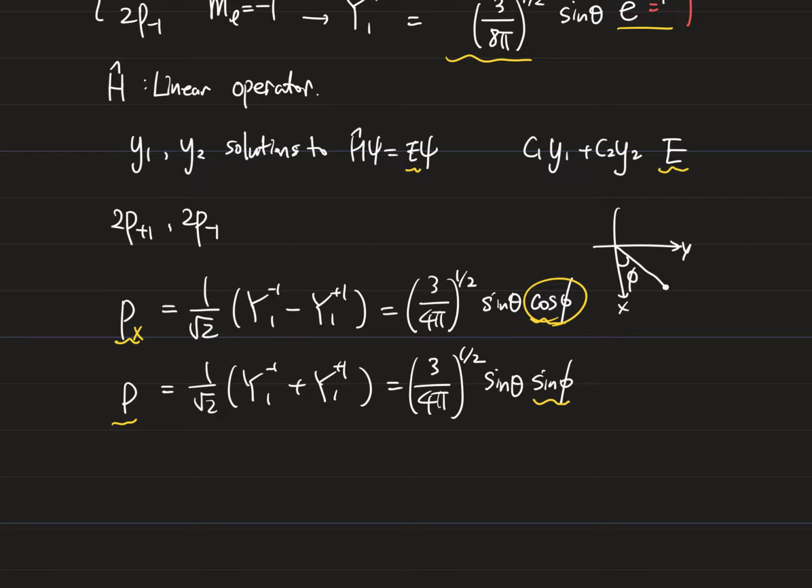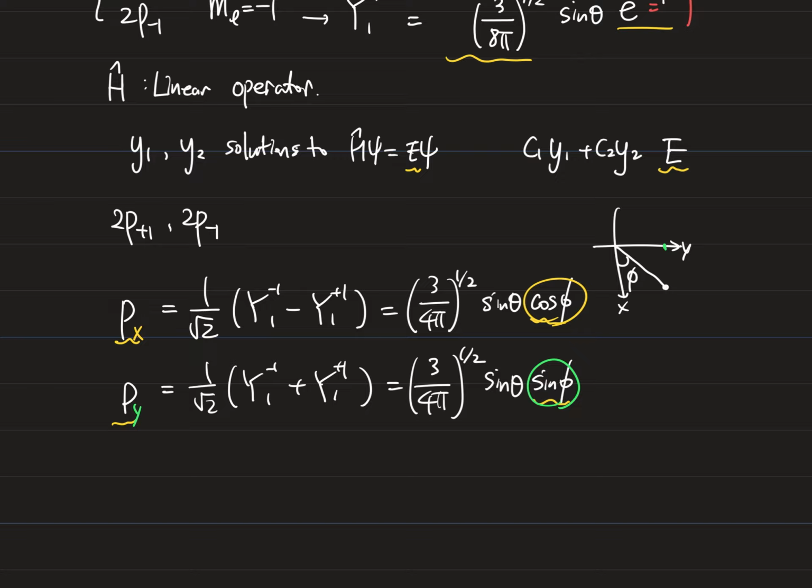And what about the sine phi? Sine phi is the projection on the y-axis. So this orbital is labeled as py. So solving the Schrödinger equation for the hydrogen atom, especially for the 2p orbital, does not directly give the real orbital shape.